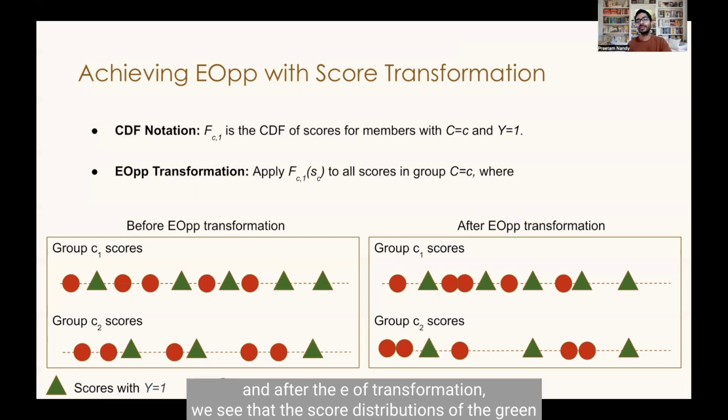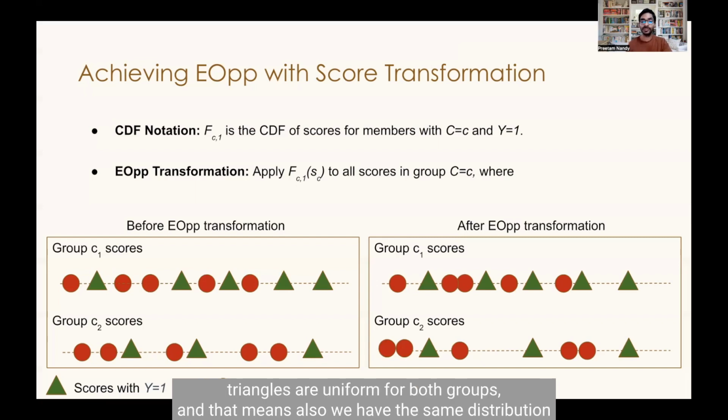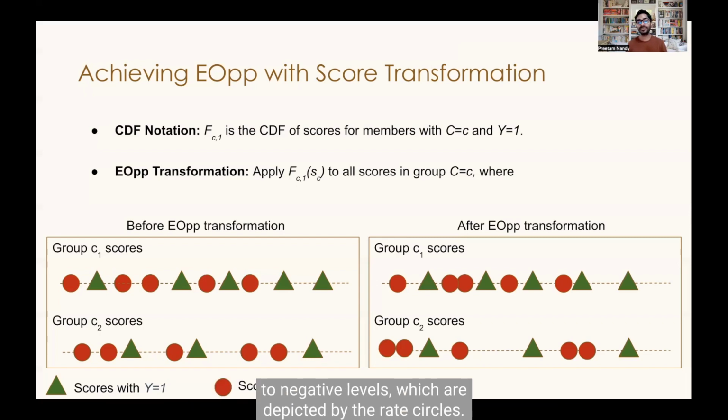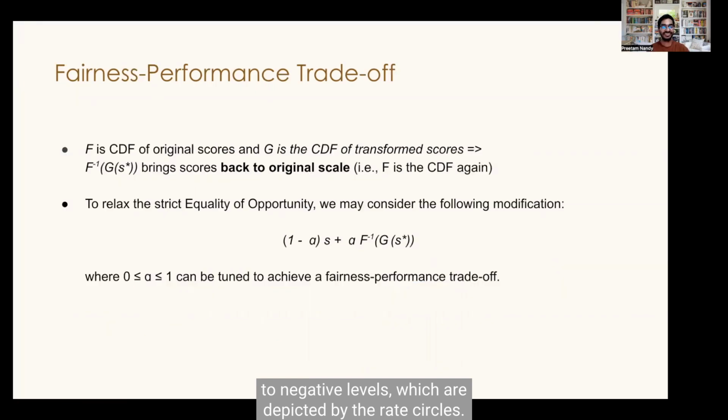After the EOpp transformation, we see that the score distributions of the green triangles are uniform for both groups. That means we have the same distribution for both groups, but we cannot guarantee anything about the score distributions corresponding to the negative labels, which are depicted by the red circles.